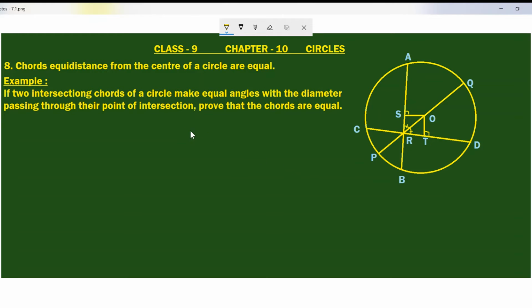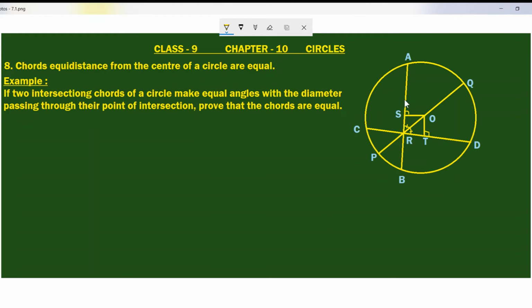For that, I have taken this example. If two intersecting chords of a circle make equal angles with the diameter passing through their point of intersection, prove that the chords are equal.